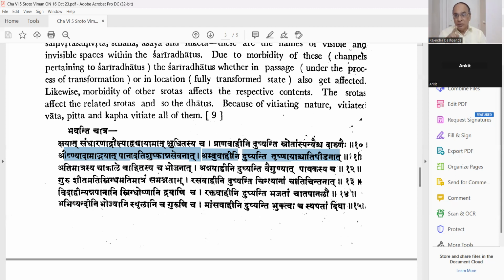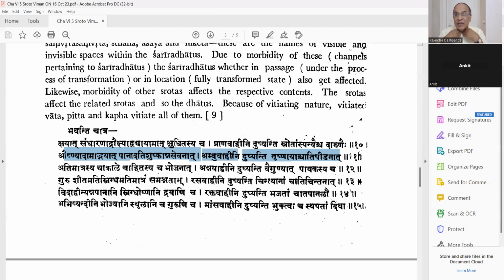Ambu means udaka. Ambuvahini means Udakvahasrotas dushyanti trushnayascha atipidanat. There is another meaning of trushna atipidanat. If I am thirsty in summer season, anyway, if I am thirsty but I am not getting water, not drinking water, then that is also called as trushna pidana.